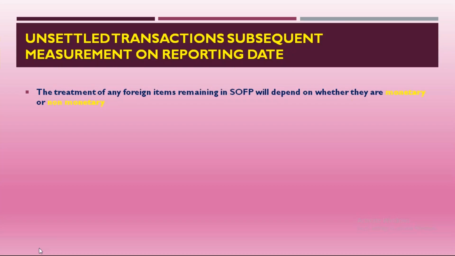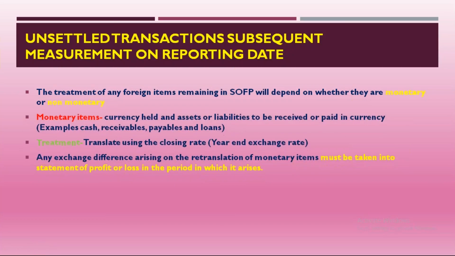All monetary assets and monetary liabilities will be converted on the reporting date. Non-monetary assets and non-monetary liabilities will never be converted on the reporting date. So monetary items, I have just put up the example, but they are the only ones: cash, receivables, payables, and loans.